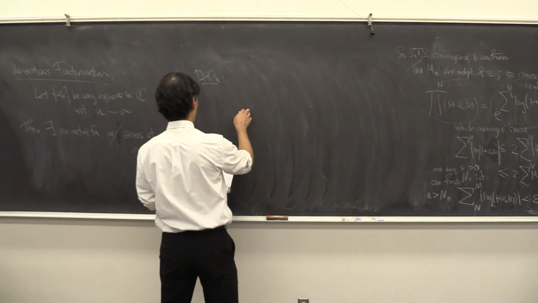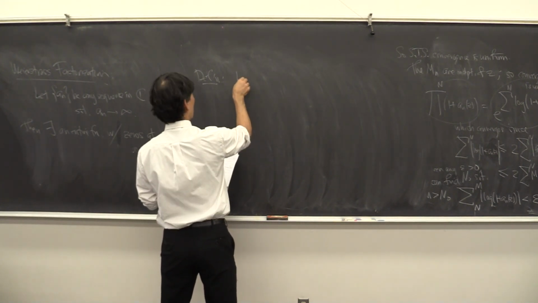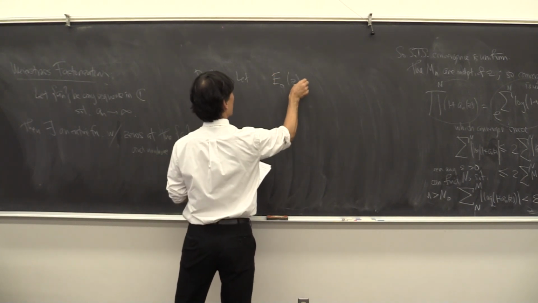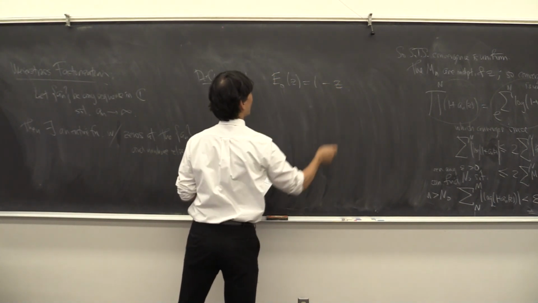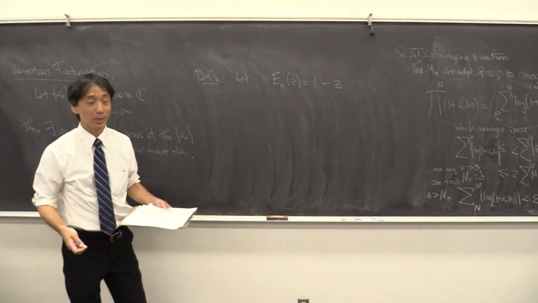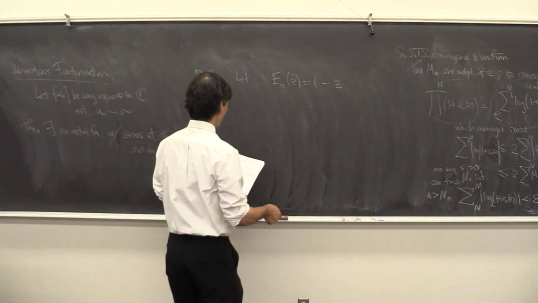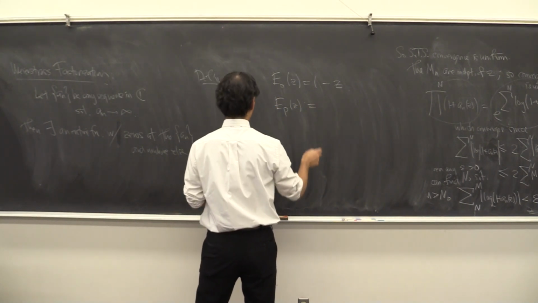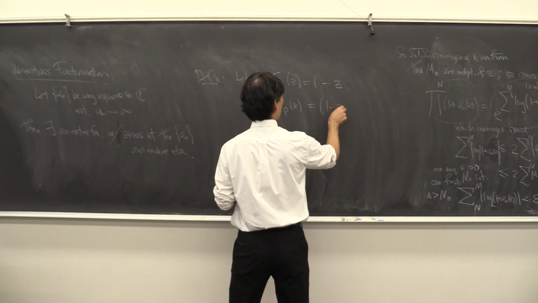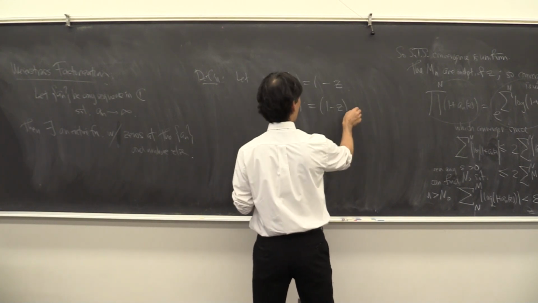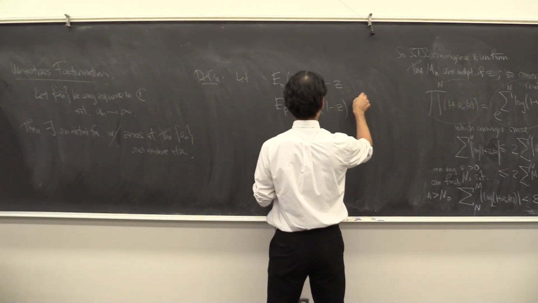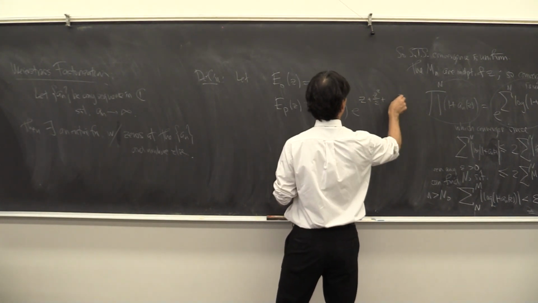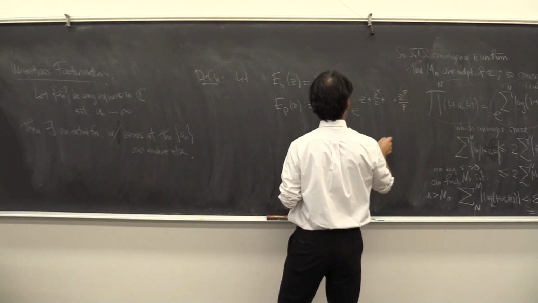We denote E naught of Z to be just 1 minus Z, so it has a zero at 1. And then for E sub P of Z, we make that 1 minus Z times e to the Z plus Z squared over 2 plus up to Z to the P over P.